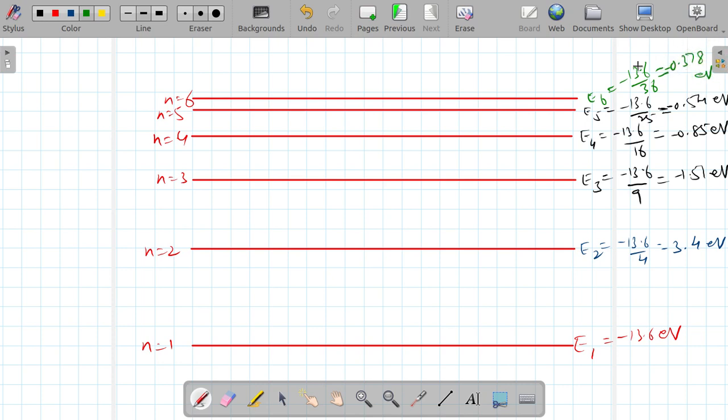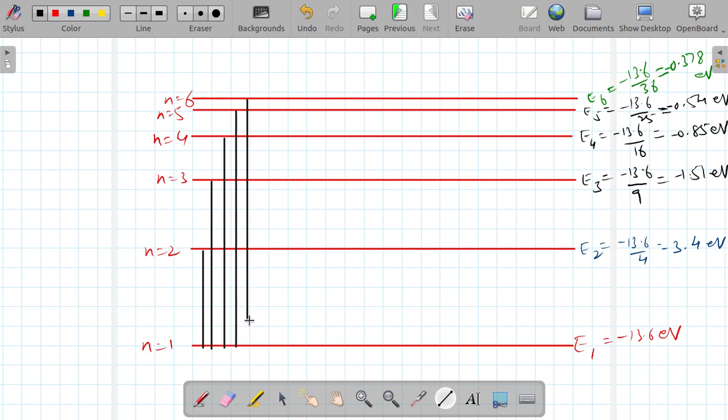So this is energy. So now let us apply transitions. One transition is possible from this to this level, this to this level, this to this level, so all these transitions up to the first level.